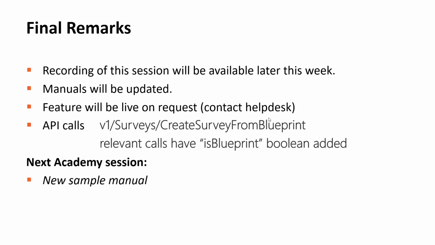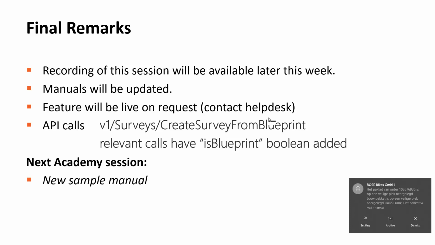So you cannot just copy all the sample, etc. What we want to have is some sort of default, a model survey that you create and use over and over again.